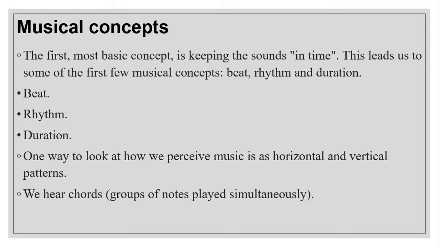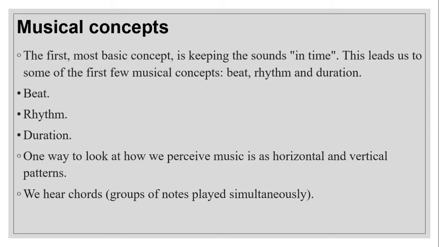And then another way we can look at or perceive music is horizontal and vertical patterns. Normally the notes or the silences are commonly heard one after the other over a period of time.